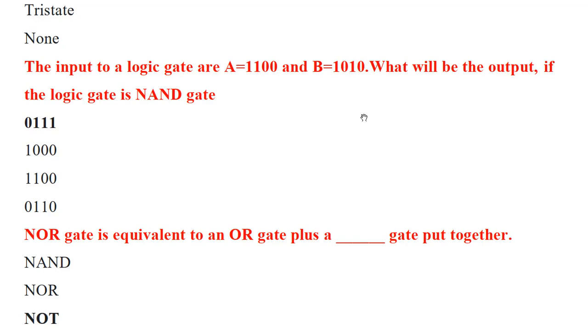So my LSB output is 1. Next 0 1, again the output is 1. Then 1 0, again the output is 1. Last case, the MSB bits, 1 1, and for 1 1 we know the output is 0. So the correct answer is 0 1 1 1.